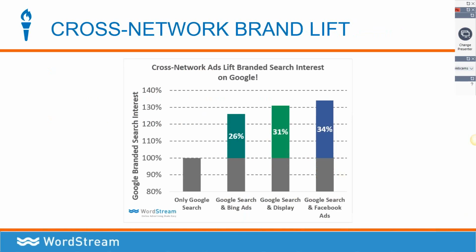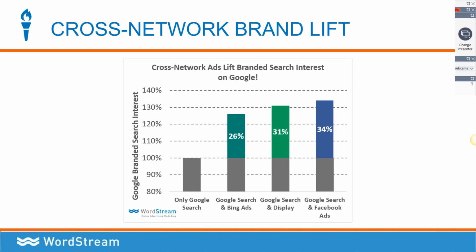Cross-network searches can have a big impact for advertisers. Starting with Bing as an example, advertisers who advertise on Bing don't just reach new people searching on Bing. They're also going to see, on average, a 26% increase in searches for their brand on Google, which is fantastic. For the Google Display Network, although click-through rates are lower than search, we see a 31% increase in brand searches on Google, which is also amazing, especially given that display network clicks tend to be much cheaper, and it's far-reaching.